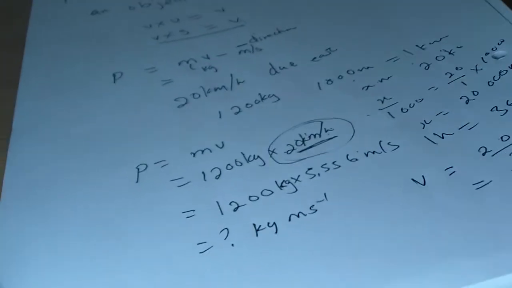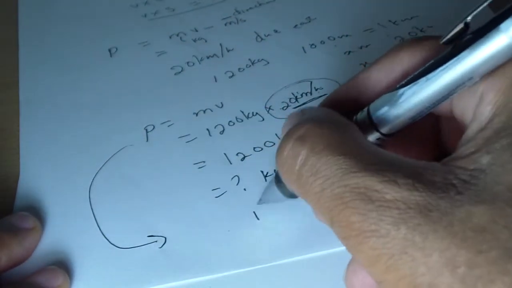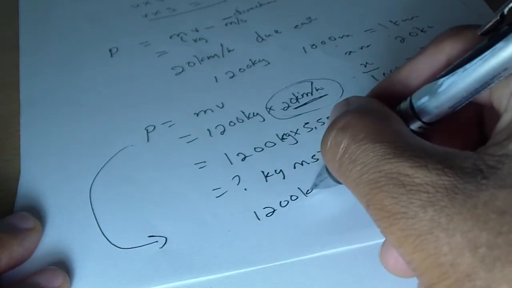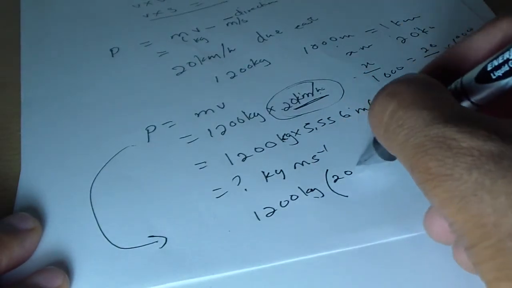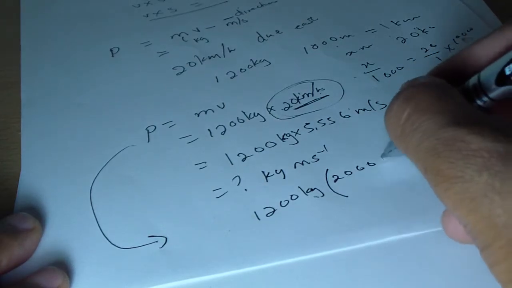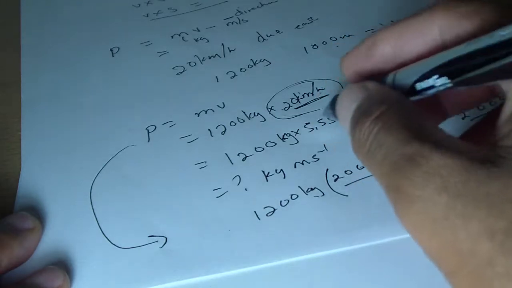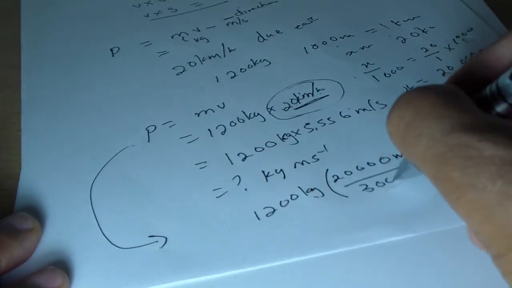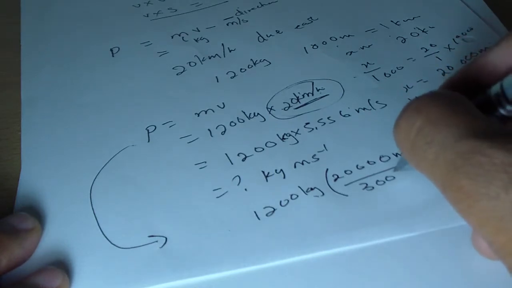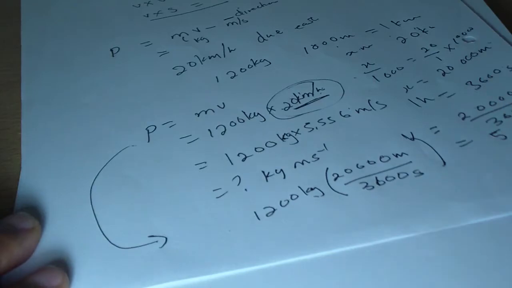Or more precisely, if you want to do your work precisely, you could have just come from here and say, okay, this is 1,200 kgs, multiplied by 20,000 meters over 3,600 seconds.